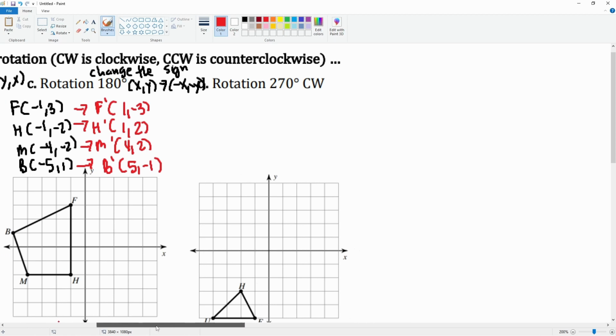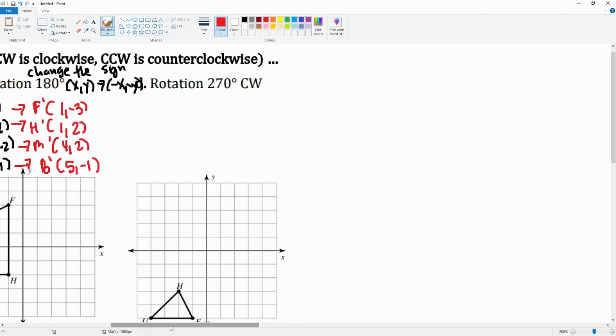And then let's look at the 270 clockwise. 270 clockwise is the same thing as the 90 counter, which is going to be (x, y) arrow (-y, x). So this is when you change the y, then flip.